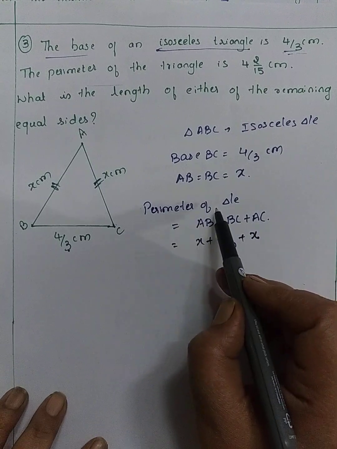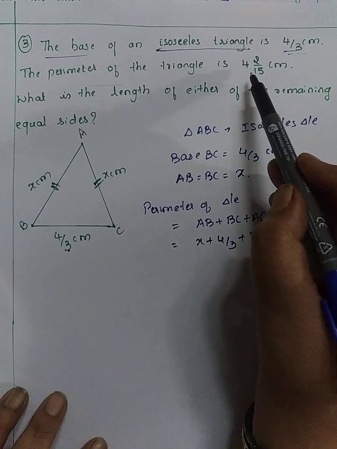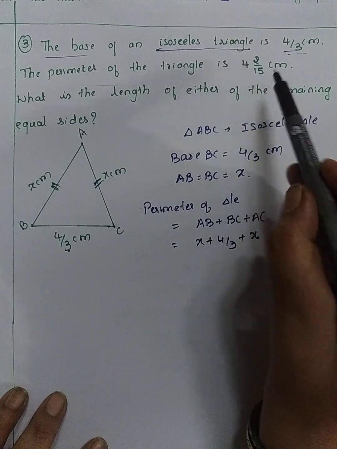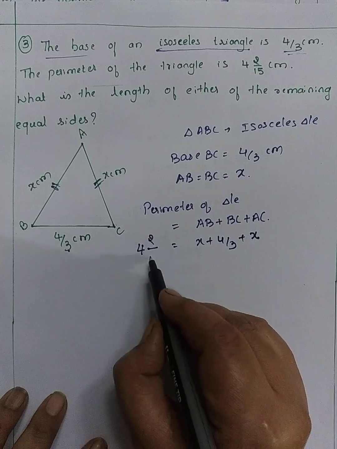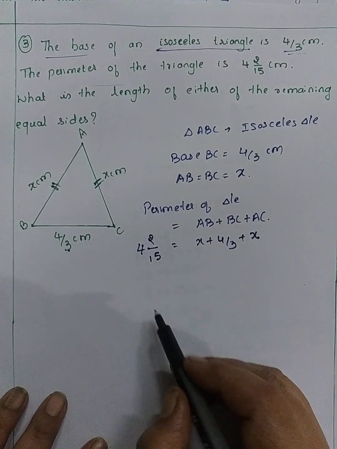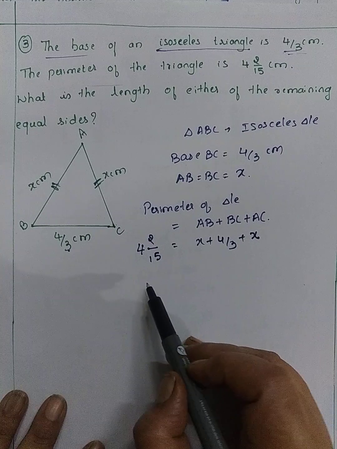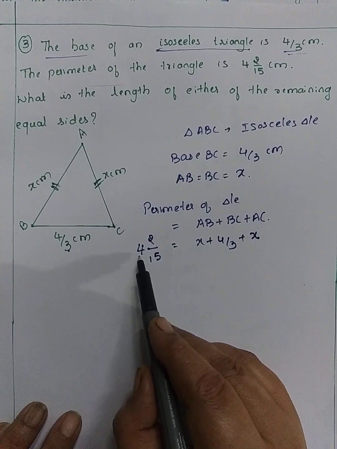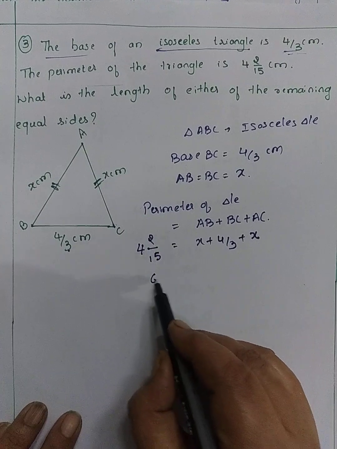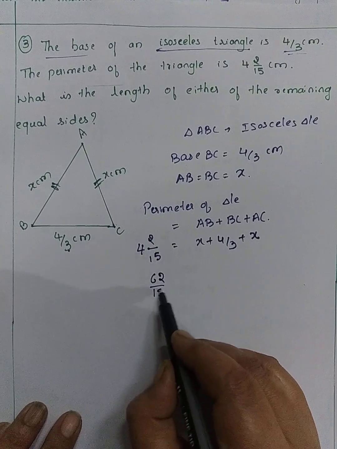Perimeter, how much is it given? 4 integer 2 by 15. So now convert this into an improper fraction. It is a mixed fraction. 15 fours are 60, 60 plus 2, 62 by 15.